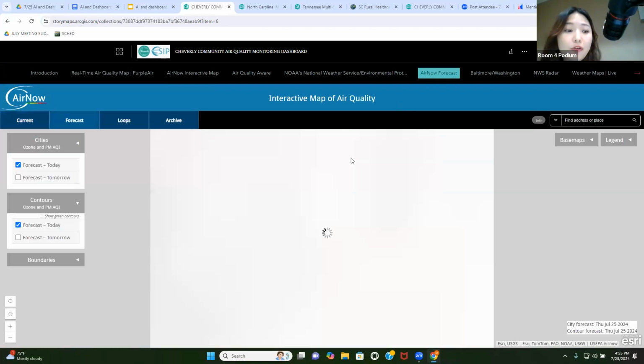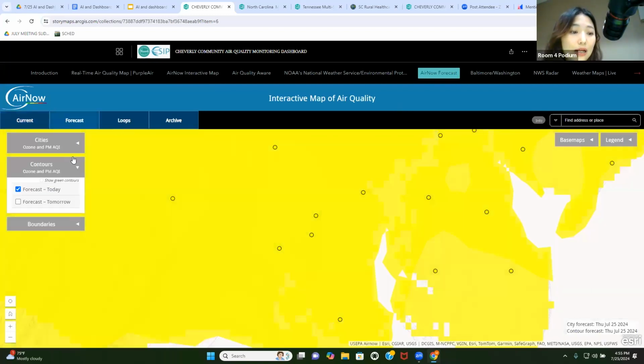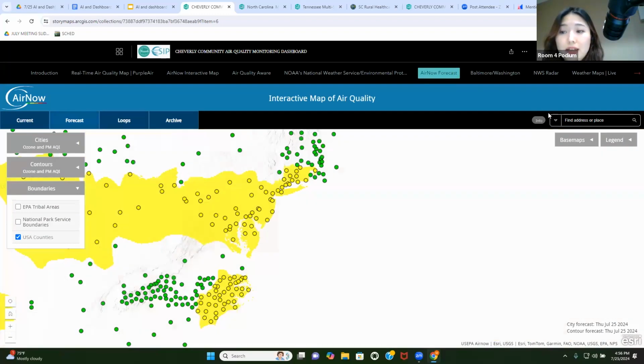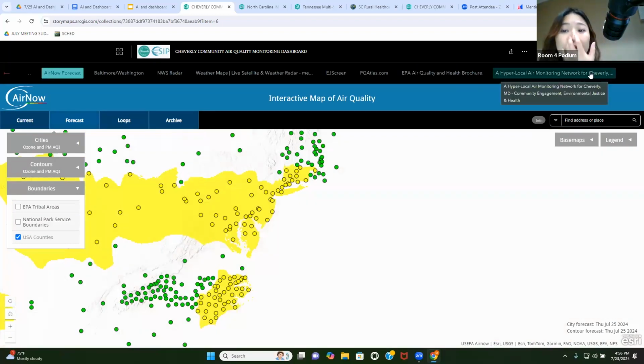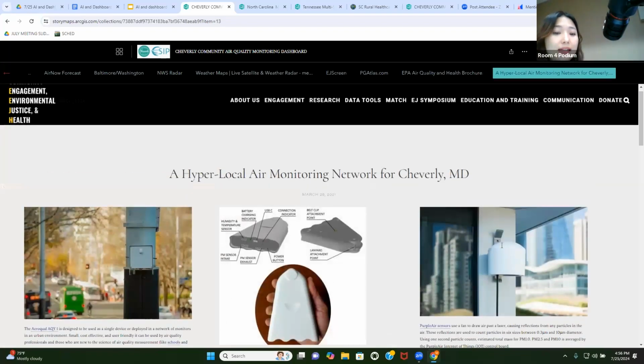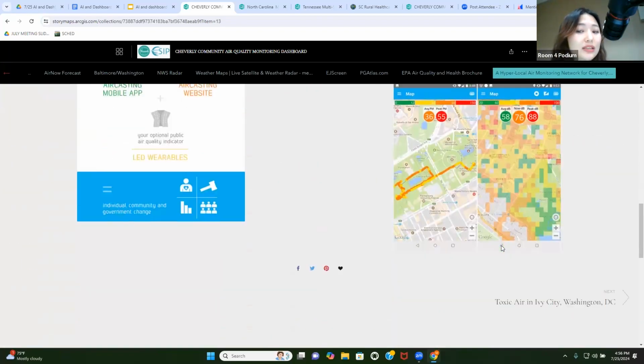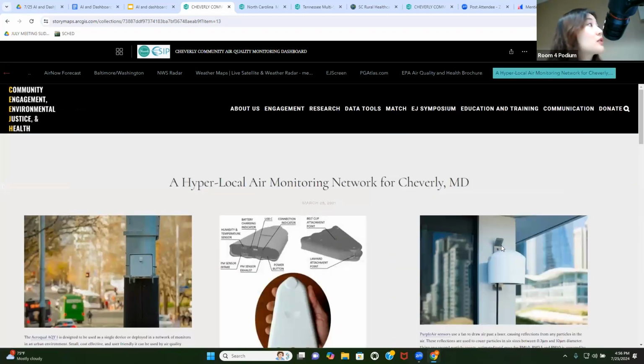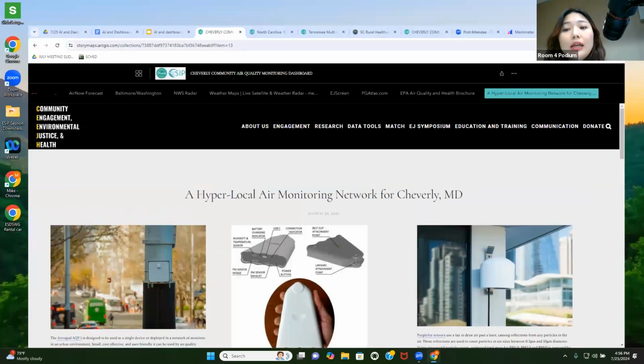NOAA AirNow forecast can show the PM, AQI, ozone, etc. So you can see all of this information and have radar data, weather map data. So this also can be connected to some information that you want to put in some website, right? So this is one environmental health dashboard example.